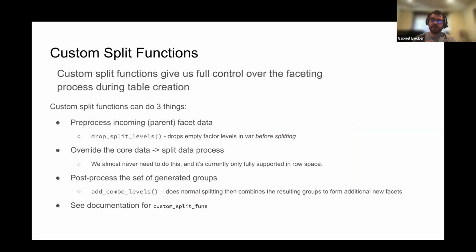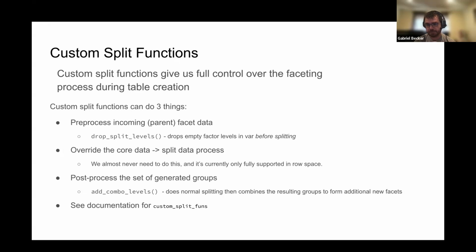What that ultimately comes down to is there are essentially three things that a custom split function will be able to do for you. The first is it can modify data as it's incoming to the splitting process. Drop split levels does this. It receives the parent data, the data that's going to be split up, and then it restricts the levels of whatever factor you're dealing with to the levels that are present.